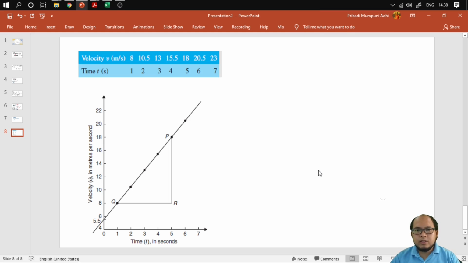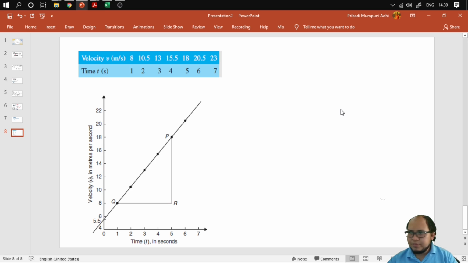We need to find the straight line equation, or the linear equation. To find the linear equation, we need to know the gradient and so on. So let's first find the gradient.